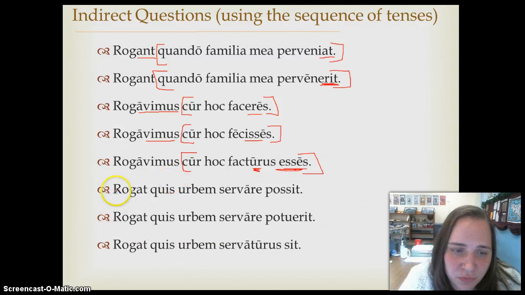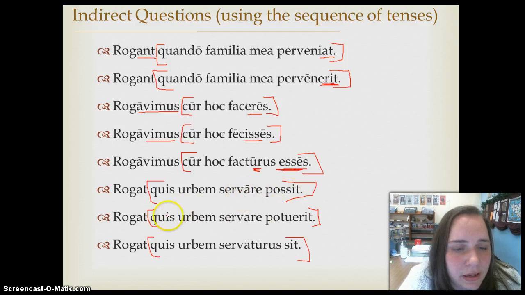Next set of examples, rogat. He asks quis who possit. Present subjunctive, because we're in primary sequence, because we have a present verb in the main sentence, right? So we know our indirect question is going to be quis urbem servare possit.